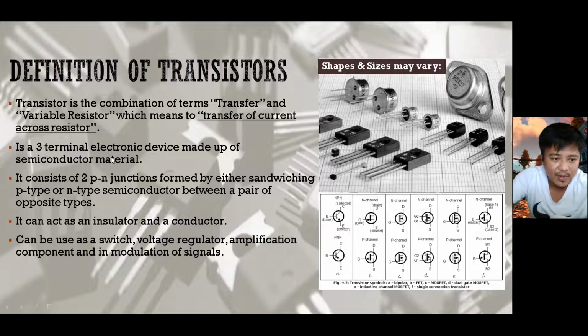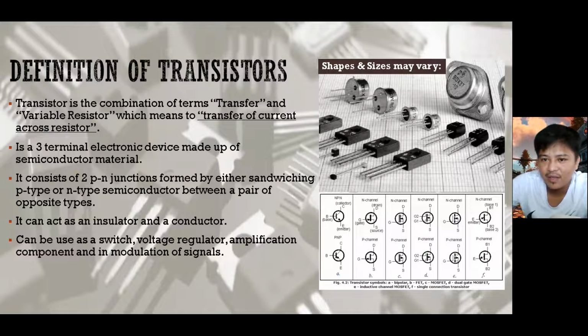I will be discussing this part later in the next slides, because there are images for this. Another definition is that it can act as an insulator or conductor. It can also be used as a switch, voltage regulator, amplification component, and for modulation of signals. Okay, so this is typically the definition of transistors.